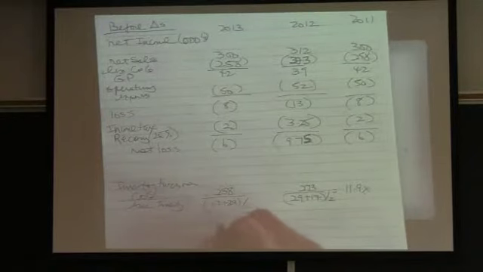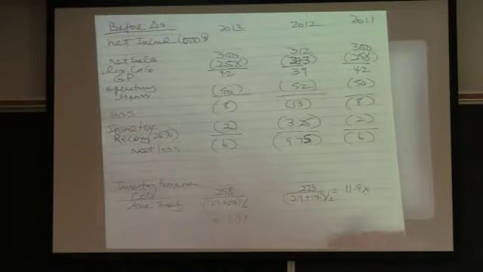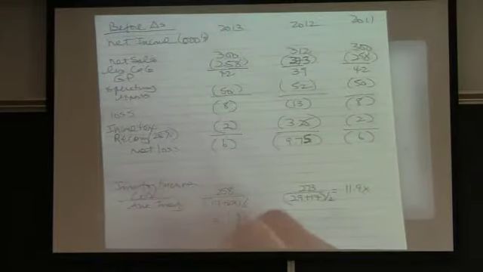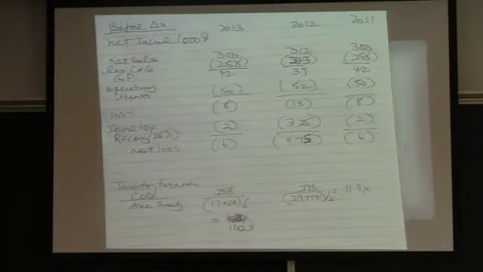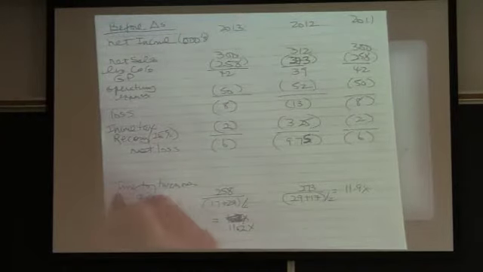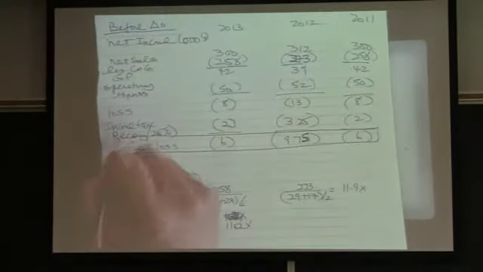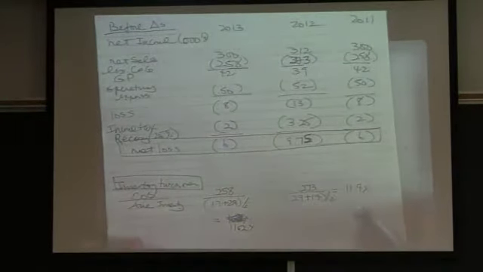That gives me 11.2 times. Okay, so that's the before. So this is the inventory turnover and net income before. Now let's deal with the errors.